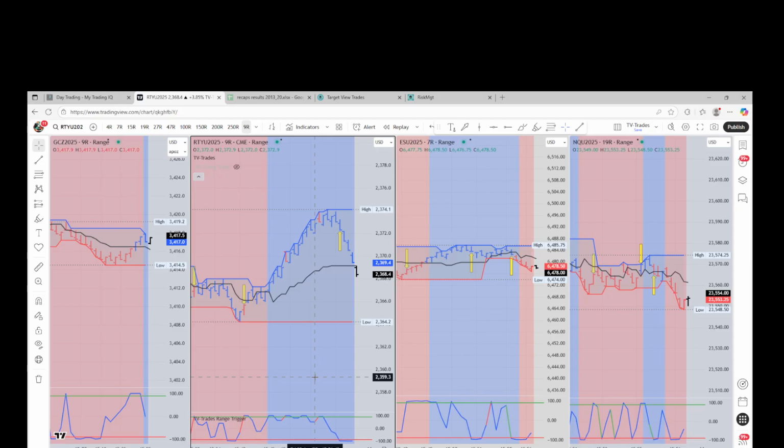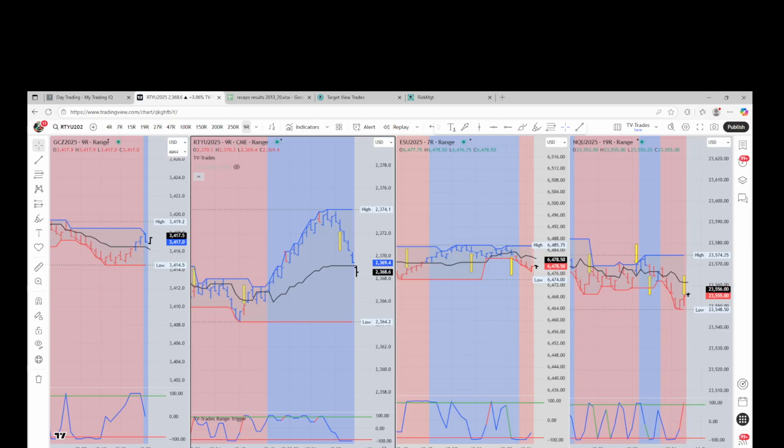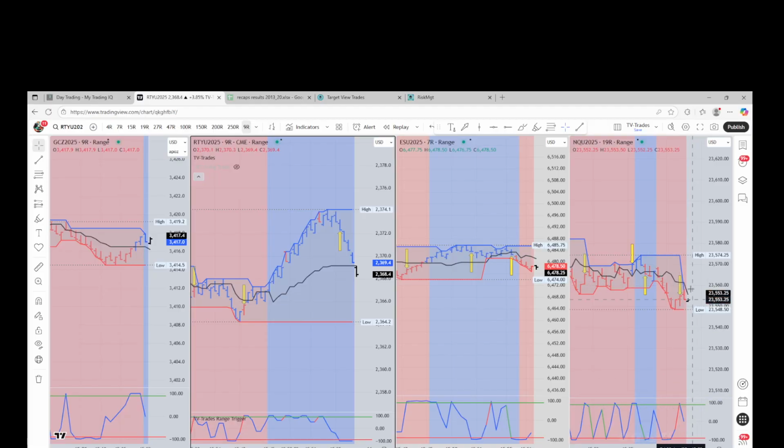But the Russell can oftentimes do its own thing. Alright, so over here on the NQ, you're in the overbought, you're not at the midpoint. You came out of the overbought, reset the midpoint, no trade. On the ES, you need an up close to get this into the overbought, then a down close off the midpoint. Okay.